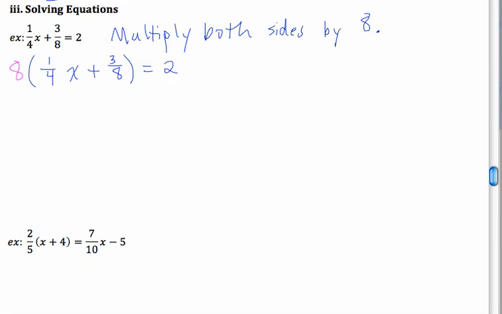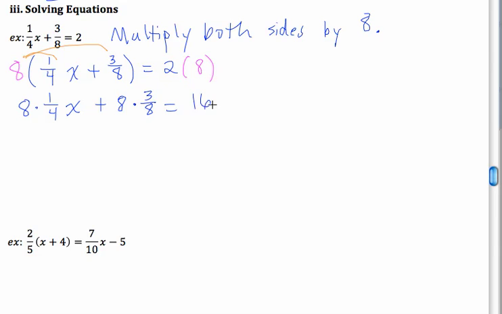So we're multiplying 8 on both sides. Now that's because when you distribute this out over both terms, you get 8 times a fourth times x for your first term, and 8 times 3/8 for your second term, and 16 on the right.